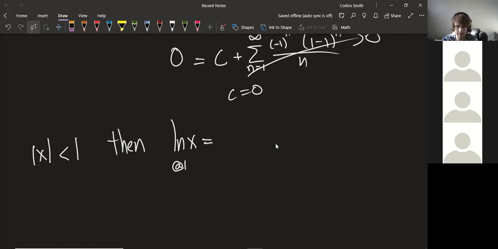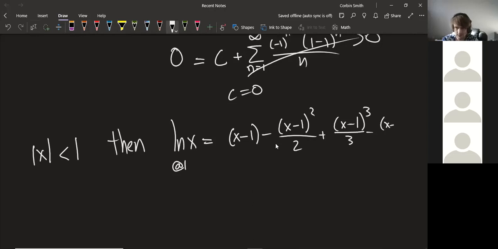So we have x minus 1 plus, no, sorry, that should be a minus sign. Yep, minus (x-1)^2 over 2 plus (x-1)^3 over 3 minus (x-1)^4 over 4, and so on.